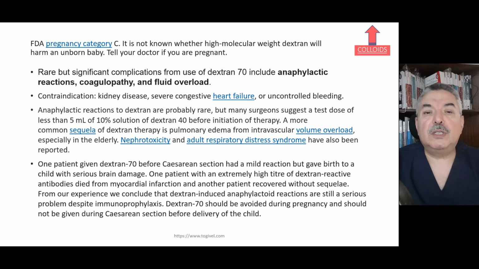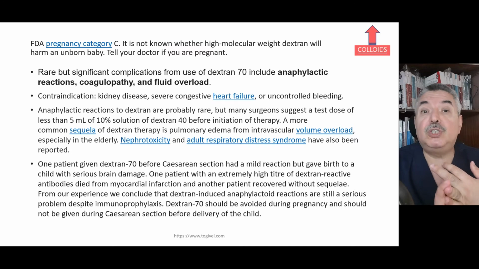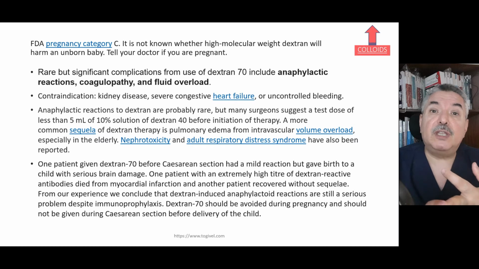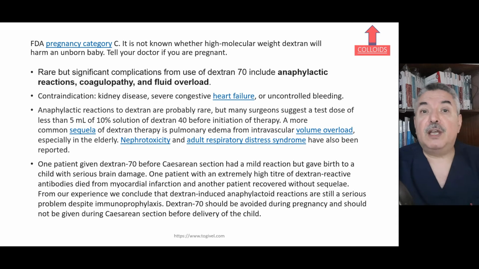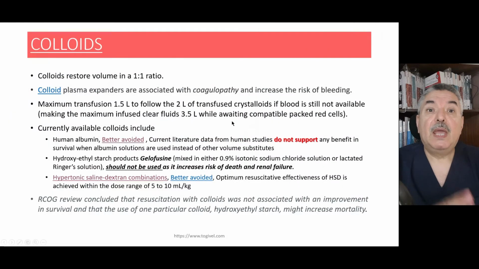So what does this leave us? It leaves us albumin, which is better avoided, and dextran, which is better avoided because of coagulopathy, renal effects and anaphylaxis, which is pretty dangerous, it can kill the patient. And we said that hydroxyethyl starch products should not be used, they are contraindicated, better avoided by RCUG guidelines. So this leaves us with crystalloids only.